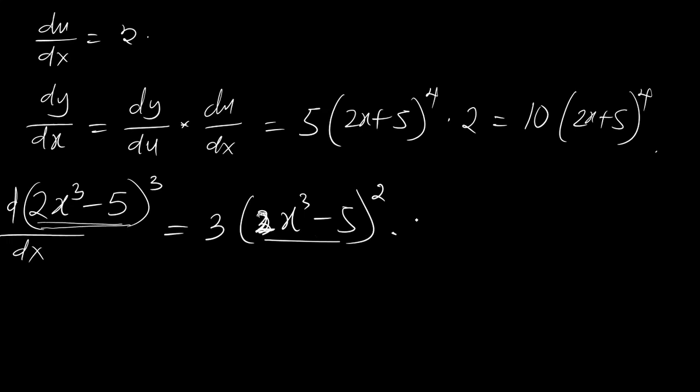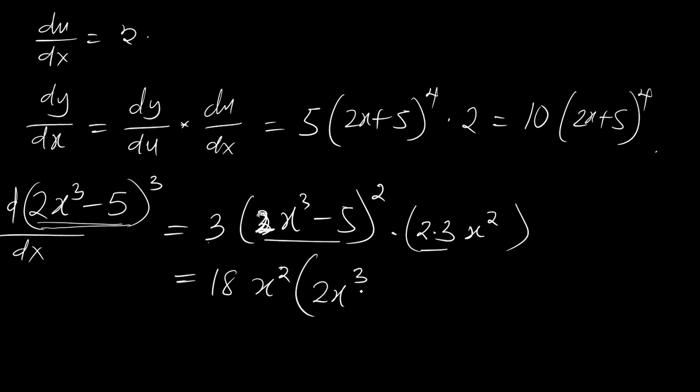That will be 2 times 3x to the power 2, which gives you 6, and 6 times 3 is 18x squared into (2x cubed minus 5) raised to power 2. So this is the answer.